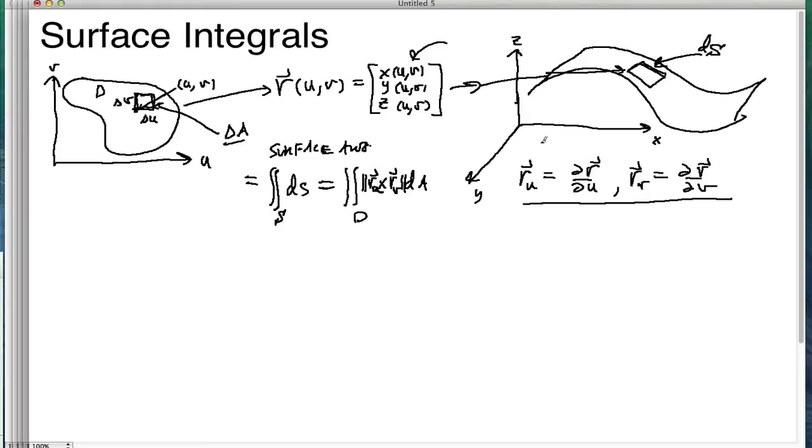And then we take the cross product of those, which gives us a little patch of area there, and we times it by dA. Okay, so we know that.